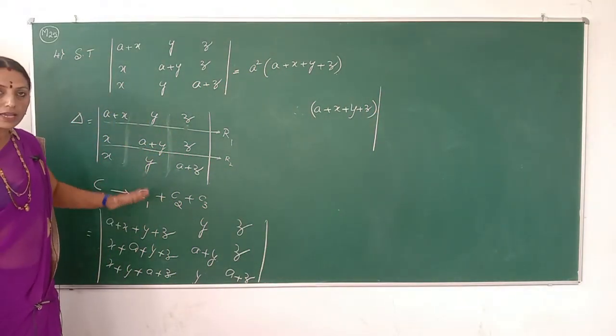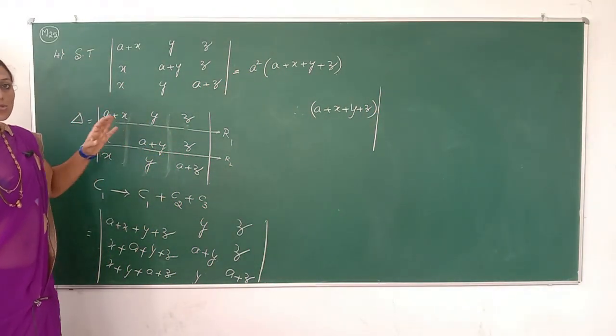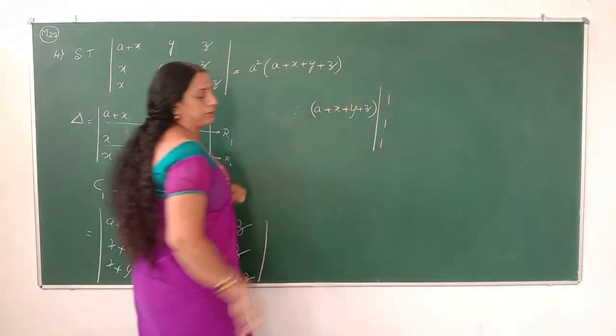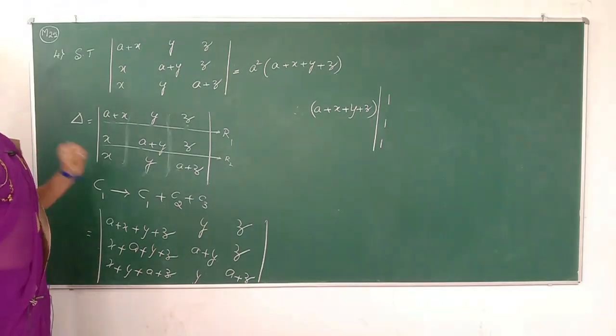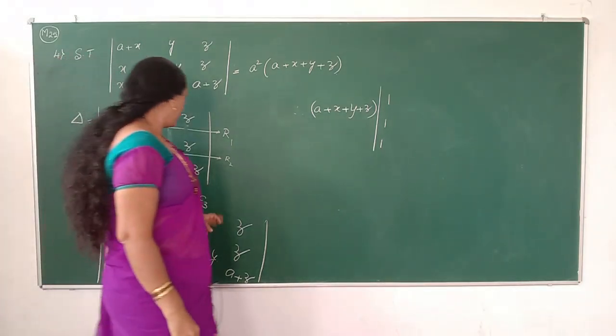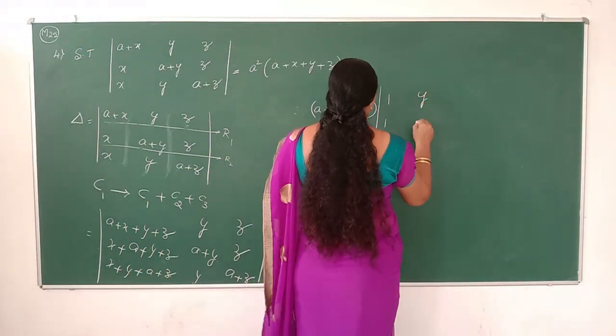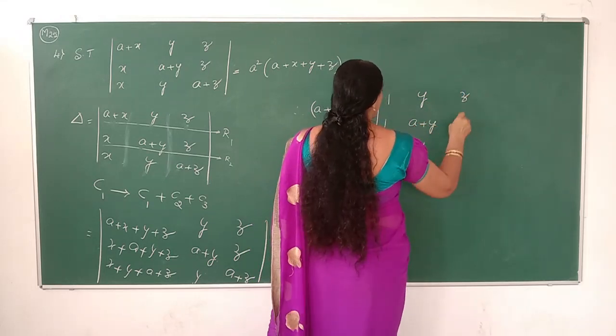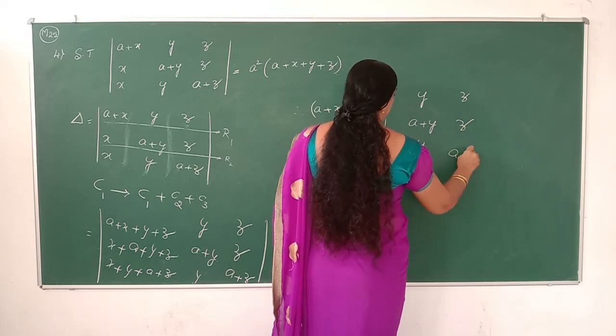In C1, take that element common. So the remaining elements of C1 are nothing but 1, 1, 1. And the second column is y, a plus y, y, and the third column is z, z, and a plus z.